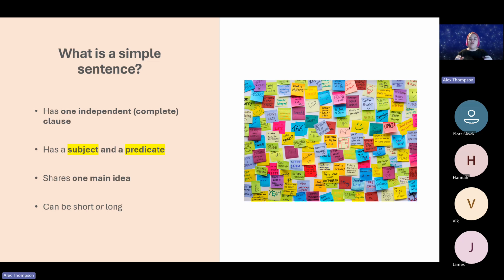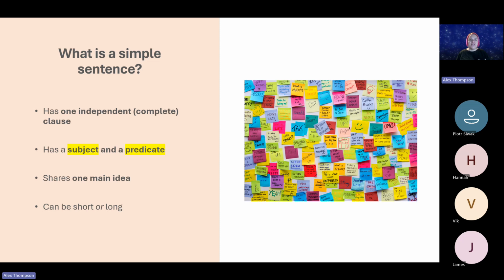It shares one idea. It's almost like one thought, one idea that we're writing down, and we start it with a capital letter and we end it with some form of end of sentence punctuation. So a full stop, a question mark, or an exclamation mark, any of those that have the dot in them. And it's just one idea, one statement.